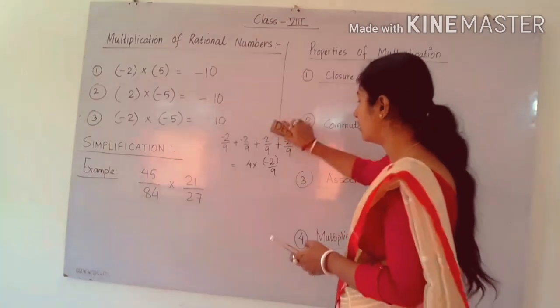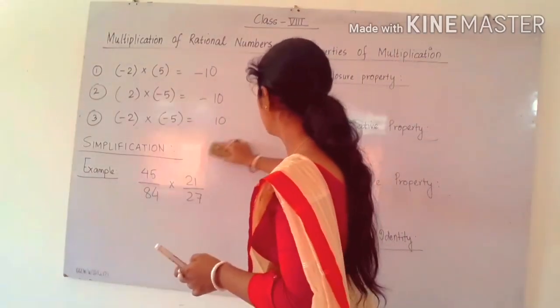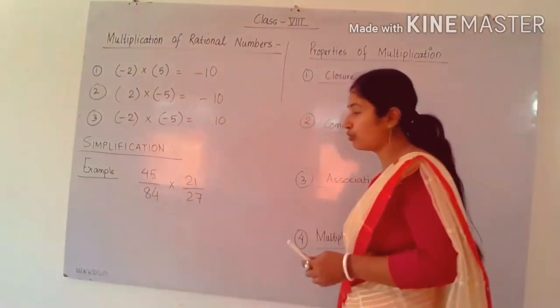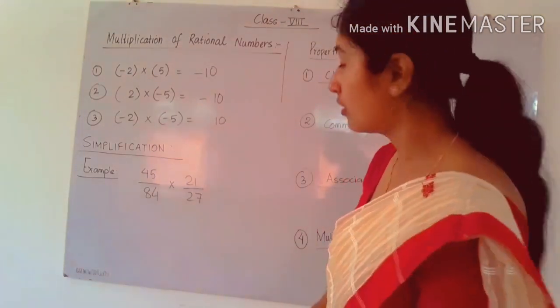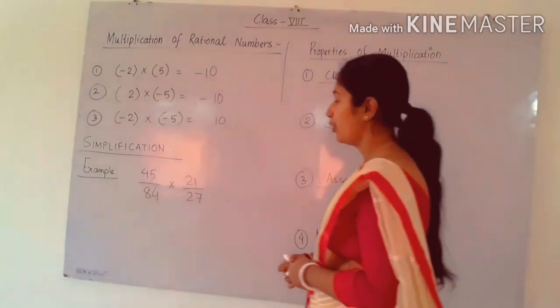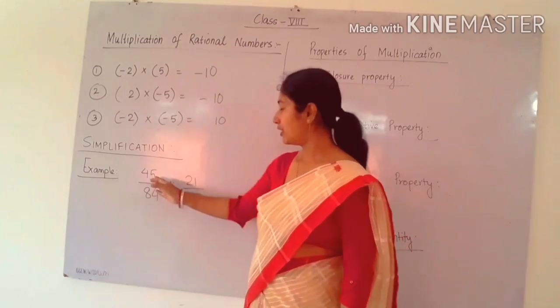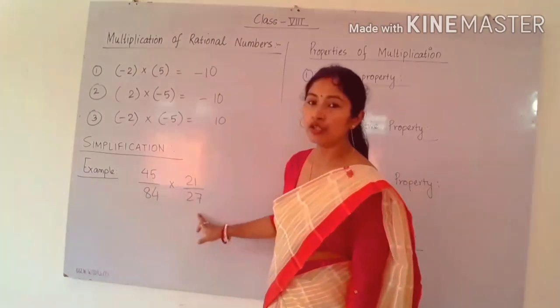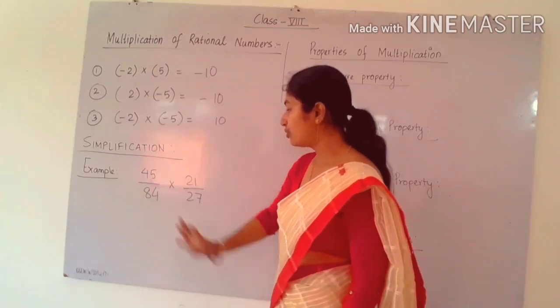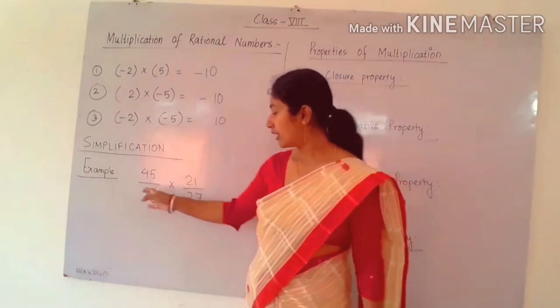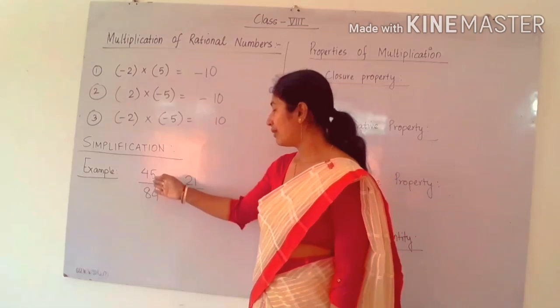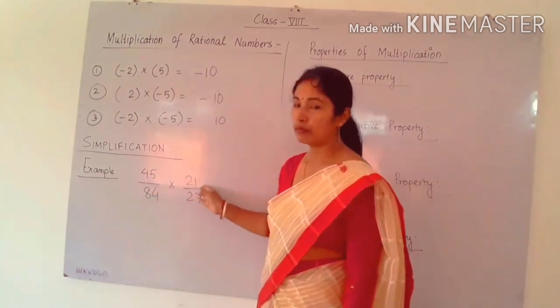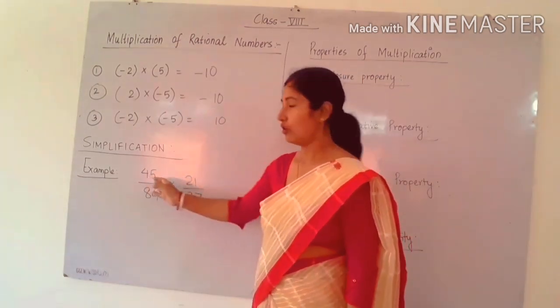The next I have taken a simplification. How to multiply two rational numbers or two fractions, how to simplify. So here I have written 45 by 84 into 21 by 27. How to simplify it? See here the numbers are big, so you can multiply 45 with 21, but that will be very long.